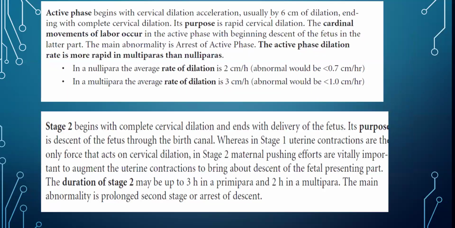Active phase starts with cervical dilation at 6 centimeters. So from 6 centimeter dilation, the active stage of labor will start and then ends when cervical dilation is 10 centimeter. So the average rate of dilation, now in here they say that ideally it should be at least 2 centimeter per hour.